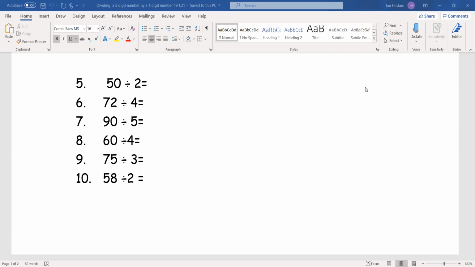So when you're doing question 5, you'll need to draw your part-whole model and think, what numbers can I split 50 up into that I know are in the 2 times table? You might want, like we had yesterday, 3 parts. So for 50, you might want to do 20, 20 and 10, because 20, 20 and 10 make 50.